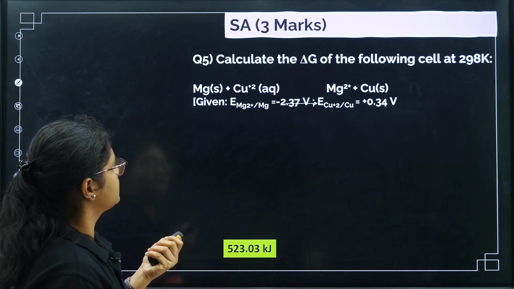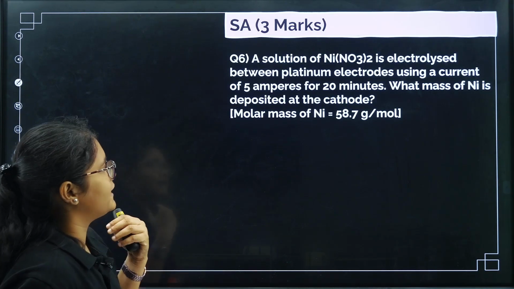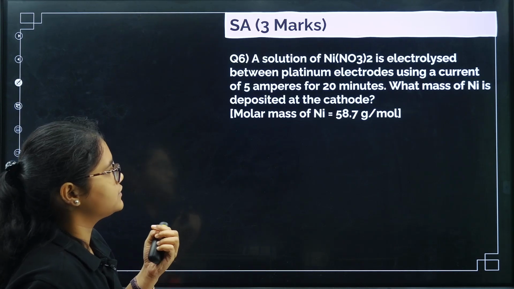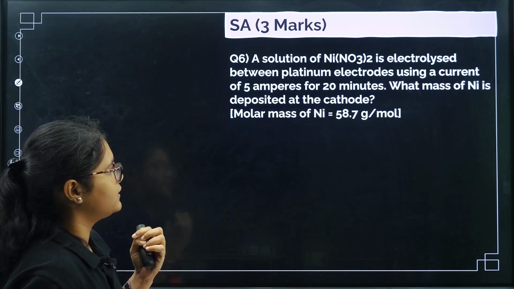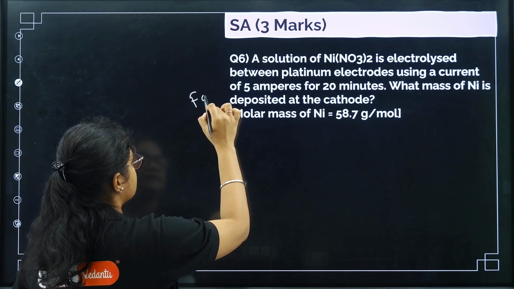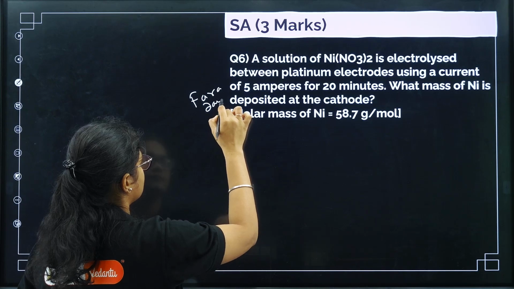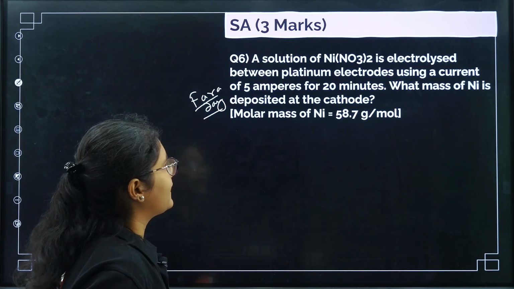Next question: a solution of nickel nitrate is electrolyzed between platinum electrodes using a current of 5 amperes for 20 minutes. What mass of nickel is deposited at the cathode? Yes, this is a very important question from Faraday's law. First of all, a solution of nickel nitrate is electrolyzed.